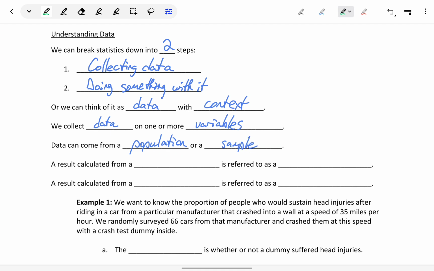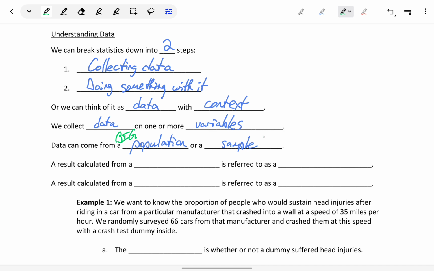When we talk about a population, we're talking about the big, large group that encompasses everyone or everything we're looking at studying. So maybe that's all college students, all residents of Illinois, all Americans, everyone in the entire world. All cars manufactured by Ford, all trucks, regardless of manufacturer.